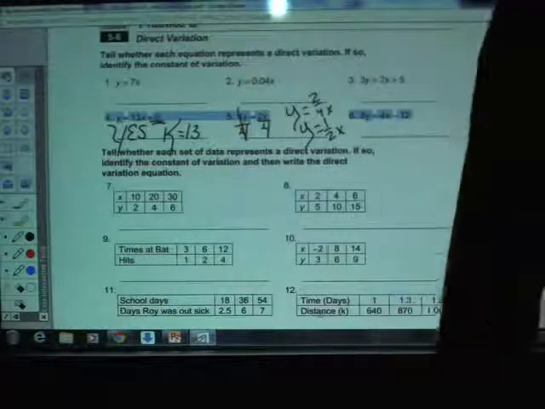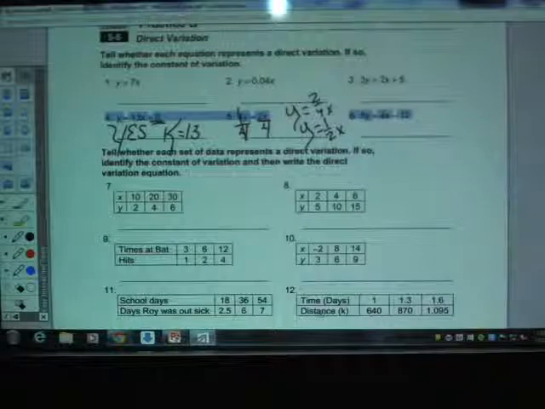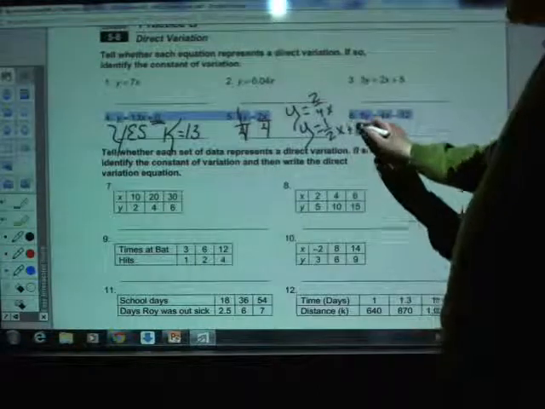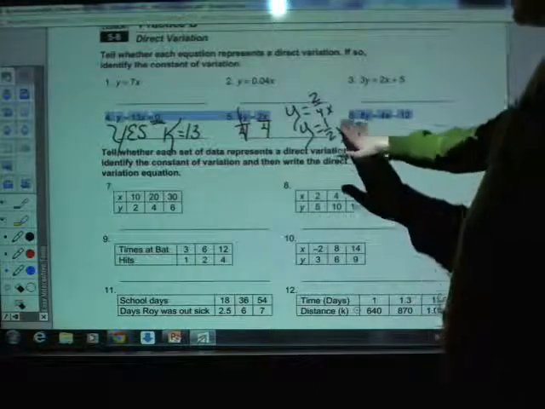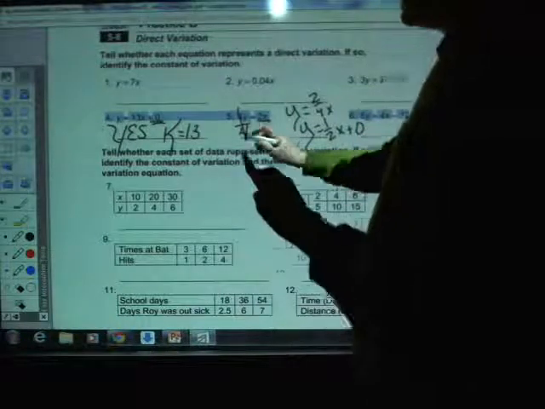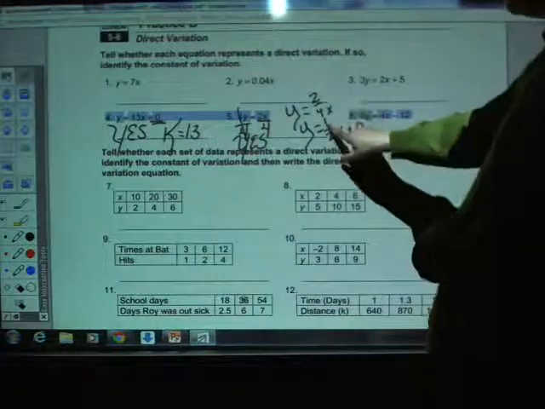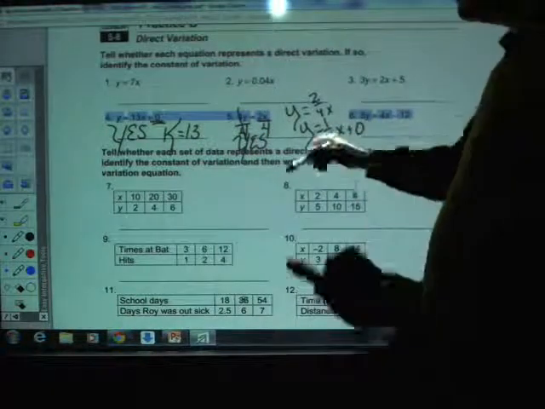Does that have a y-intercept value that's equivalent to 0? Yes, it does. I could add on plus 0. It wouldn't change anything, but it's going to go through the y-axis at 0. So this one's another yes. The only number left in the problem is 1/2, so the constant of variation here is 1/2.